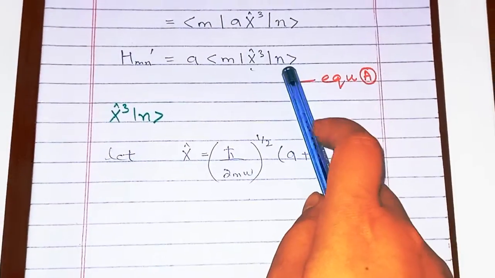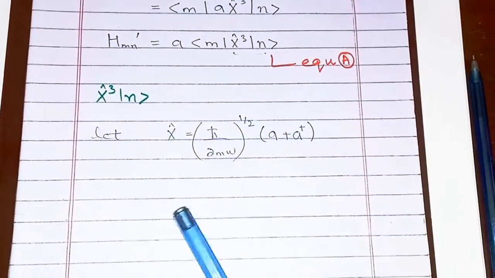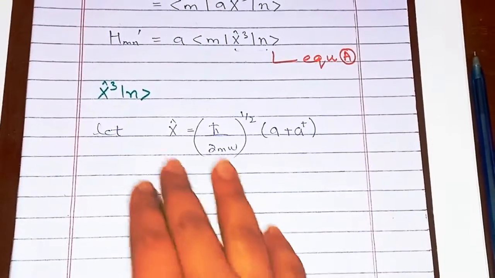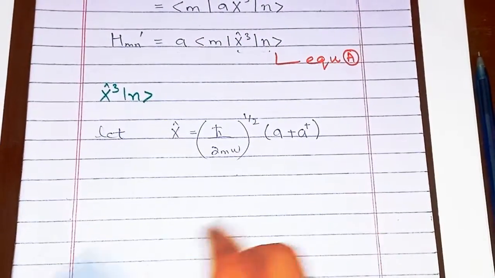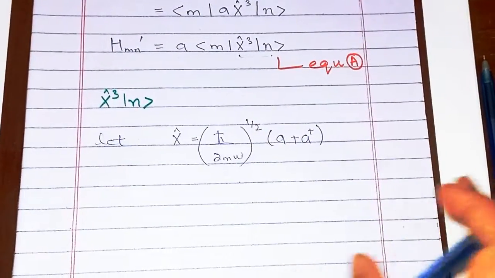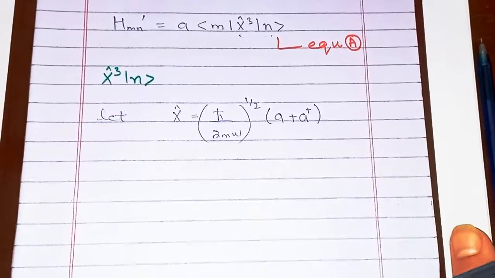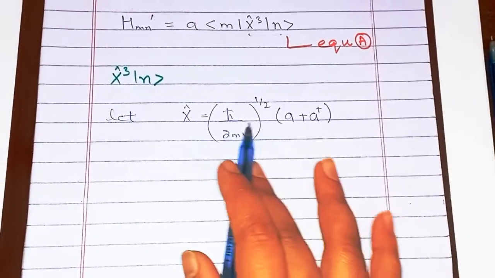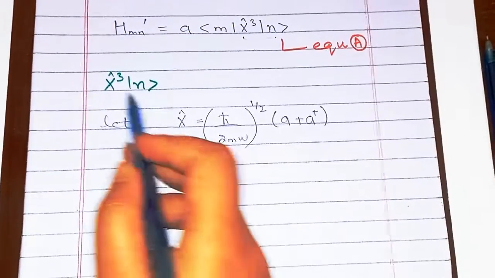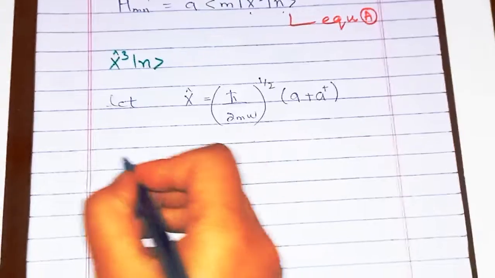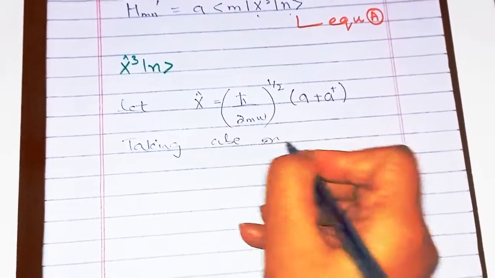So whenever we have these nth states or some general states involved, we have to use the ladder operators or some alternate method to calculate all of these integrals, because we can't do it otherwise using those integration methods, because that makes it really complicated and almost impossible to calculate. Okay, so let's see that since it's x hat, this is only x, we need x cube, so we can take cube on both sides, taking cube on both sides.